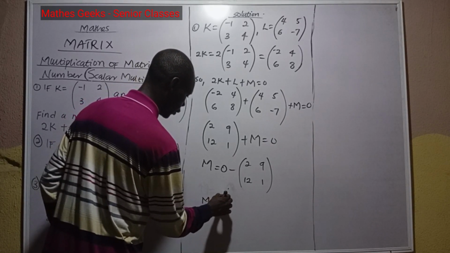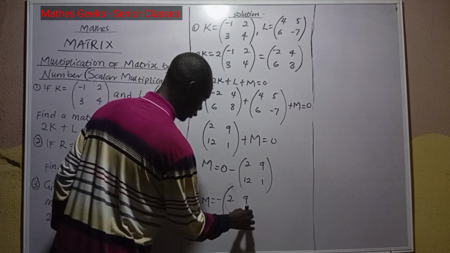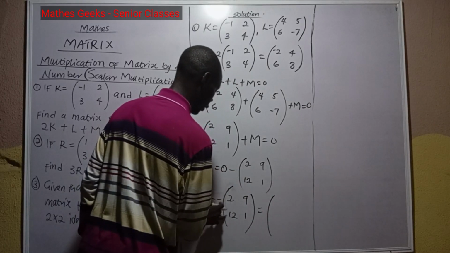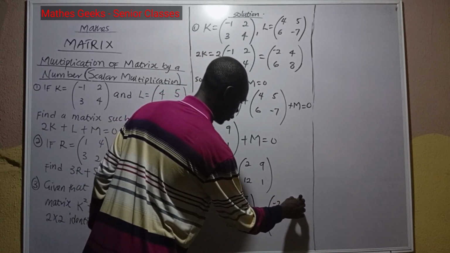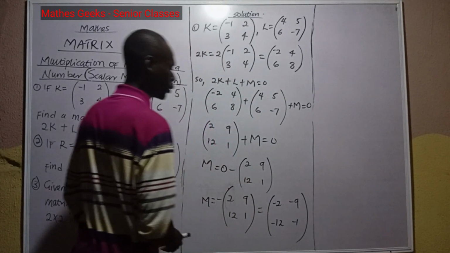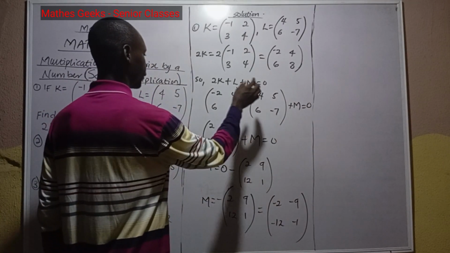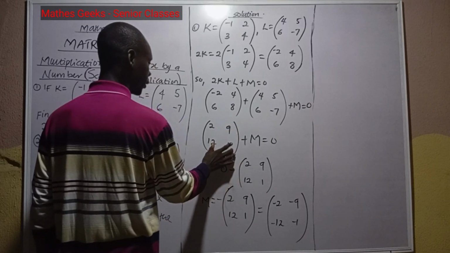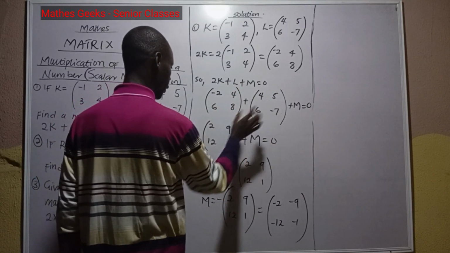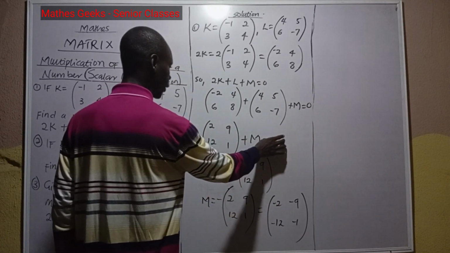N is equal to minus 2, minus 5, minus 10, and minus 1. So that's the answer. We add this to this, which is the sum of 2K plus L, to give us this. So this plus this, which is matrix N, will give us 0.